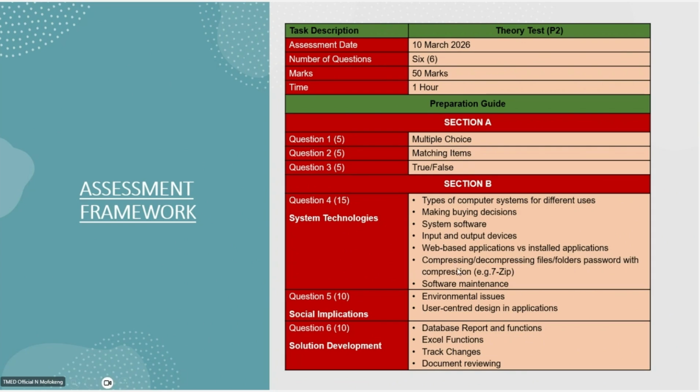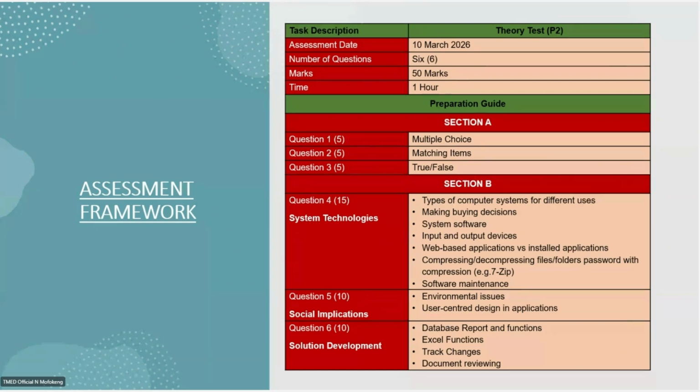As I've indicated, these are coming from your ATP. Then lastly, on system technologies, your software maintenance. How do you maintain your software? That is where you look at your patches versus your updates and versus your versions.